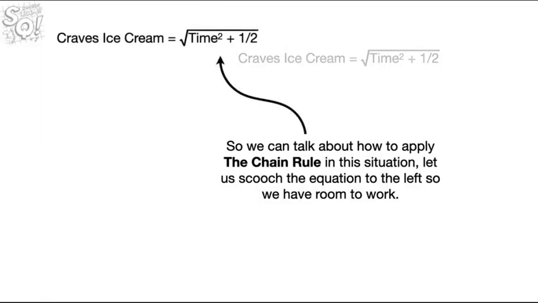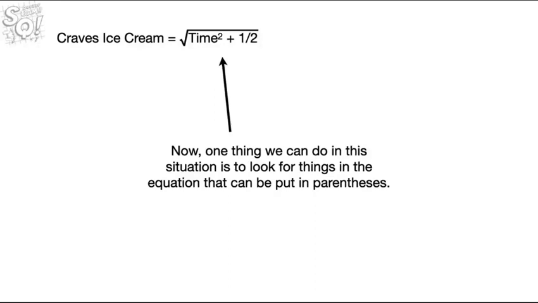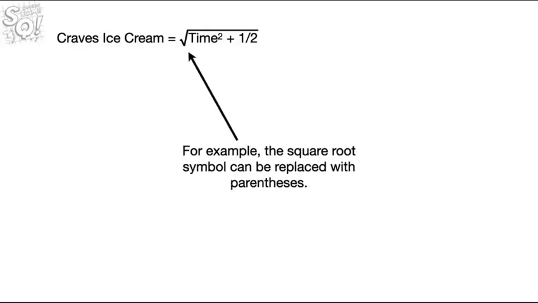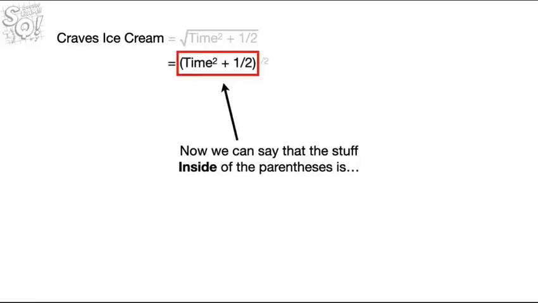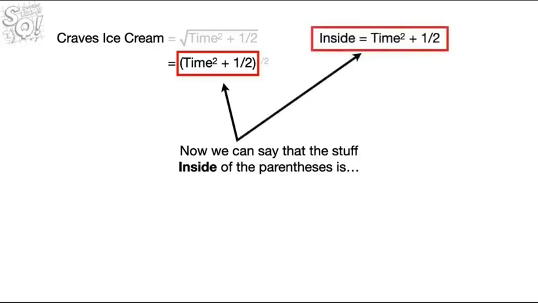Let us scooch the equation to the left so we have room to work. Now, one thing we can do in this situation is look for things in the equation that can be put in parentheses. For example, the square root symbol can be replaced with parentheses. Now we can say that the stuff inside the parentheses is time squared plus 1/2.